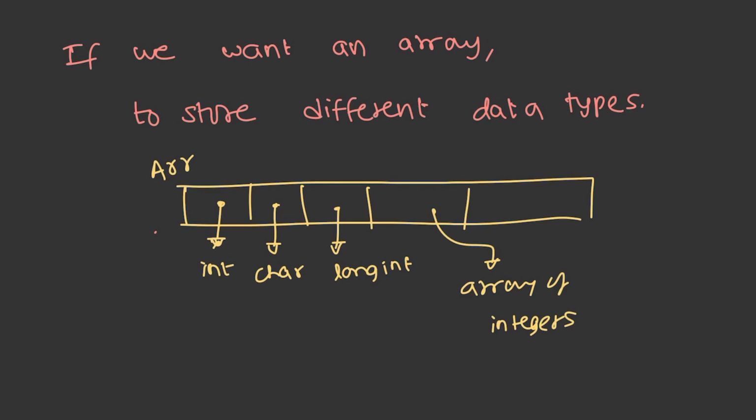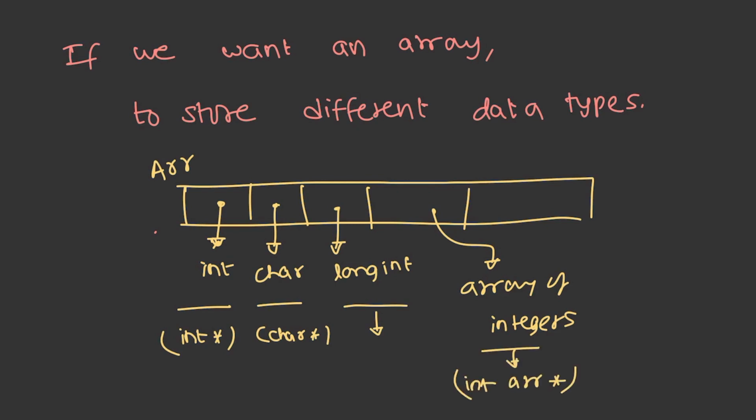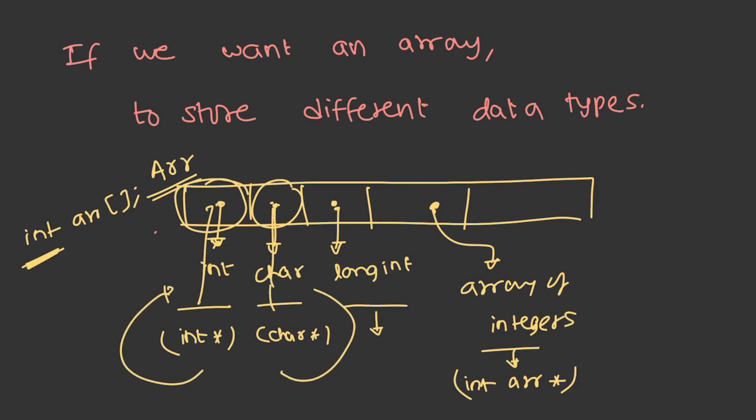If you observe carefully, we can actually declare an integer pointer here, and character pointer here, and long int pointer here, and an array of integer pointer, and we can store their addresses, which are of uniform size, and so we can even declare an integer array. Okay, and integer and unsigned integer are of same size, so we can declare an integer array, and each and every location can point to a pointer, and this will actually lead us to the value respectively. So in this way, in a single array, it is possible to store different data types.